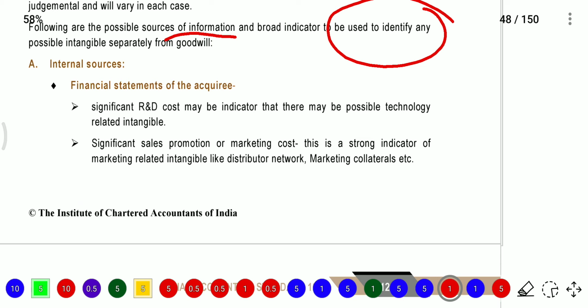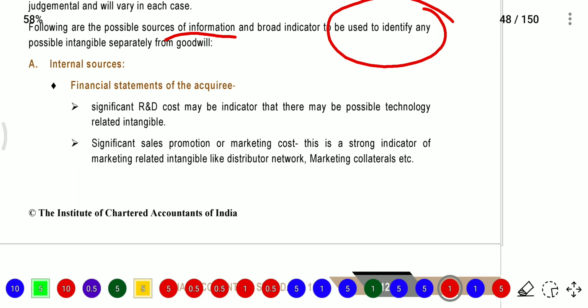In the financial statements of the acquiree, if you have any R&D, research and development, we will see whether we can bifurcate it, and whether there is any intangible asset. Research cost we expense, while development stage costs can be capitalized if they meet the criteria. If the criteria are not met, we need to transfer it to the profit and loss account.